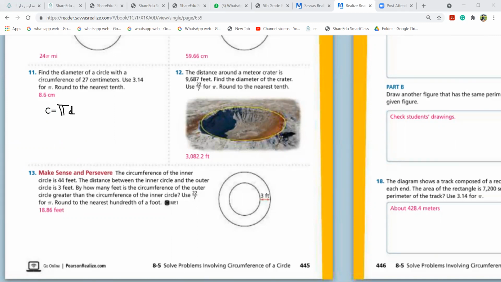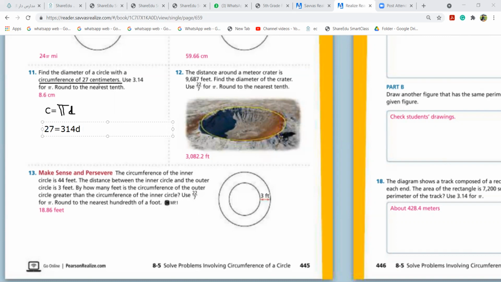Find the diameter of a circle with a circumference of 27 centimeters. What is C? 27 centimeters. I'll write down 27 instead of C. Pi, you know it is how much? 3.14.